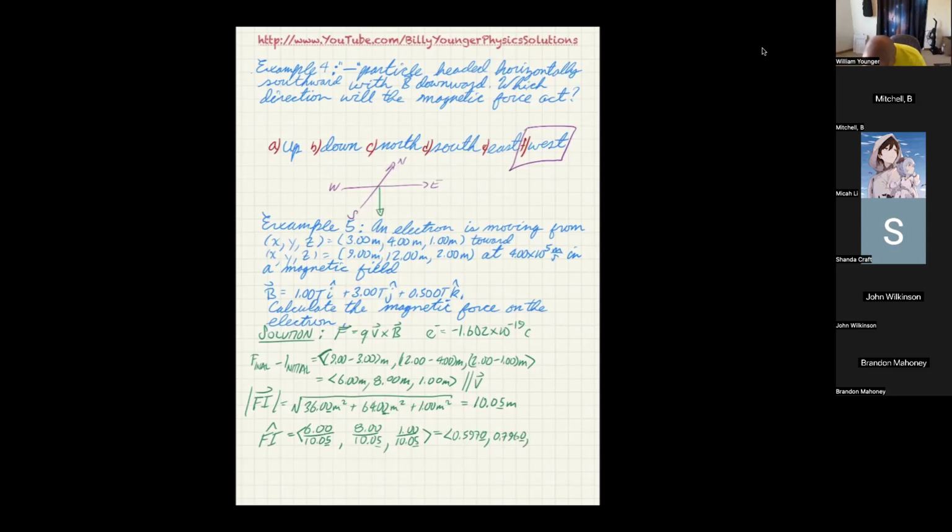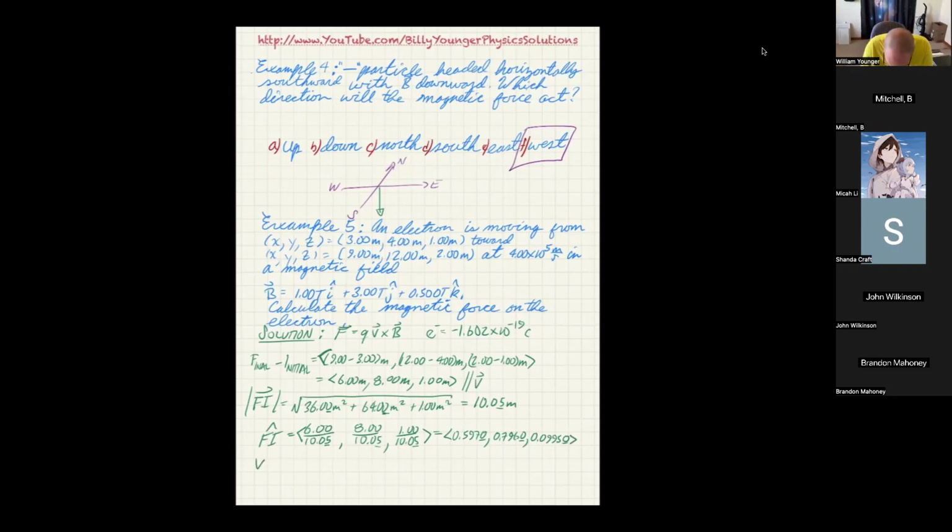Okay, and 1 divided by 10.05 gives me 0.09950. So that's the unit vector.